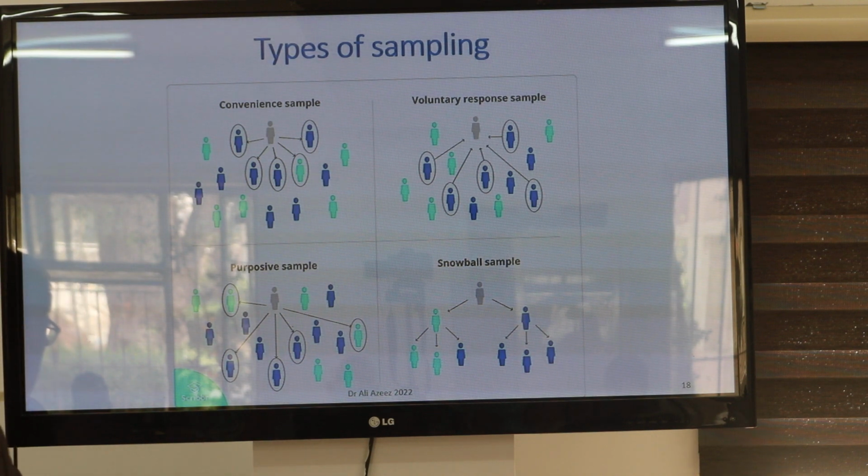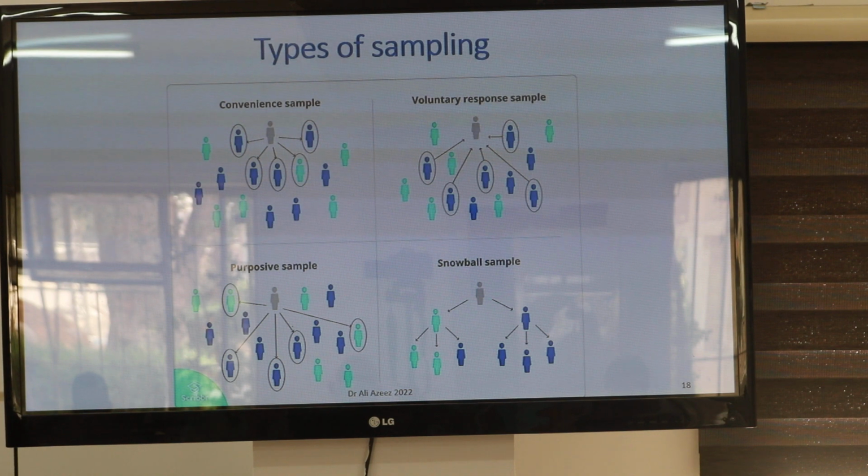Can someone tell me, what do you mean by purposive? We are looking for a certain purpose. Exactly. We need to choose the most expert people in the field. For example, I need someone to answer my questions about oncology medicine. I need to choose oncologists who have long experience in the field. I don't go to endocrinologists.